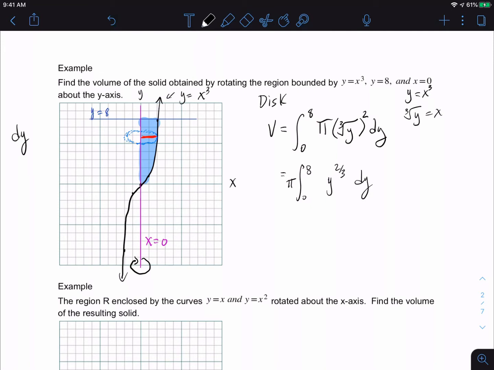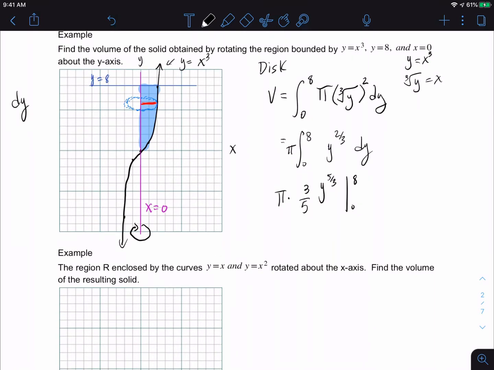Okay, so then when we do the integral here, I'm going to get y to the 5/3 with a 3/5 in front. Let's not forget to multiply by pi, from 0 to 8. So what this ends up being is 3/5 pi times 8 to the 5/3 minus 0.